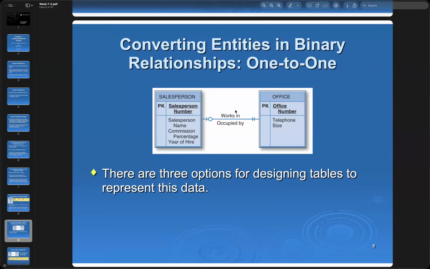We put a diamond in the middle, and for the cardinality and modality, you can just use a square bracket showing the minimum and then the maximum. So if we are looking at this side, salesperson, the cardinality should be one and one. So there is at least one office and the maximum is one office.